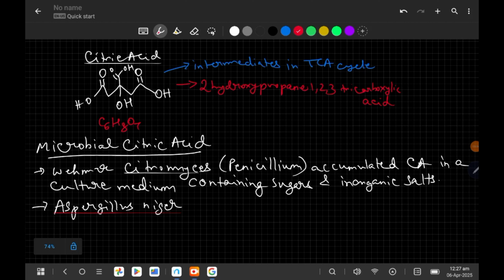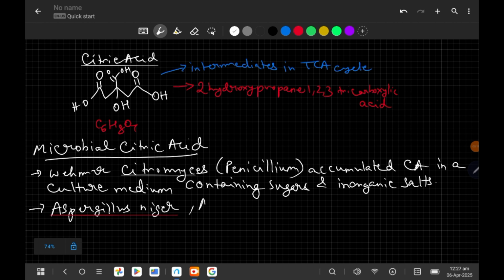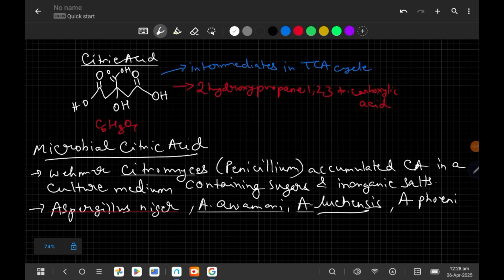Apart from that, there were various other strains of Aspergillus, like Aspergillus awamori, Aspergillus lucensis, Aspergillus fonsecaeus, and others.